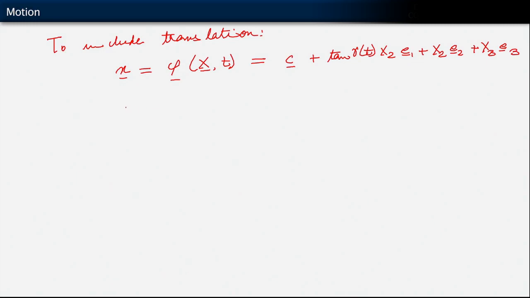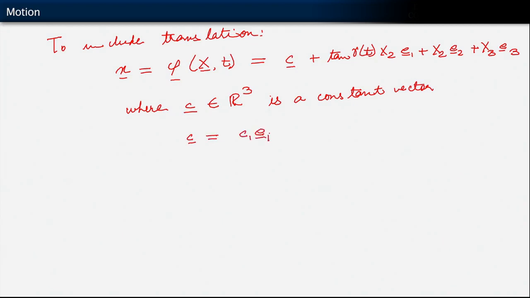This would be the complete description of motion, where c belonging to R3 is a constant vector, right? In particular, we would write c maybe as some c1 e1, because the way I drew that picture, it was only the e1 component that was being changed.